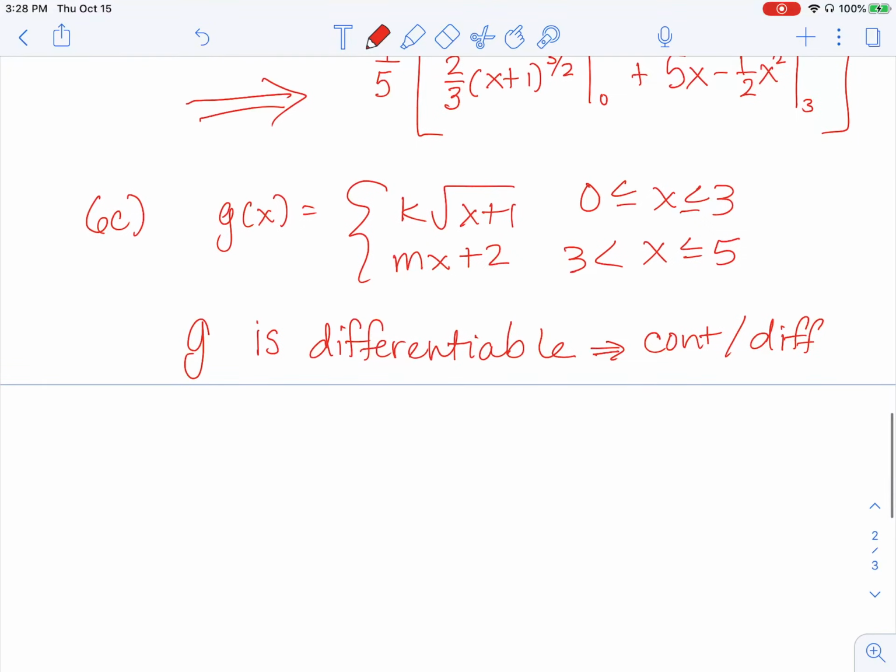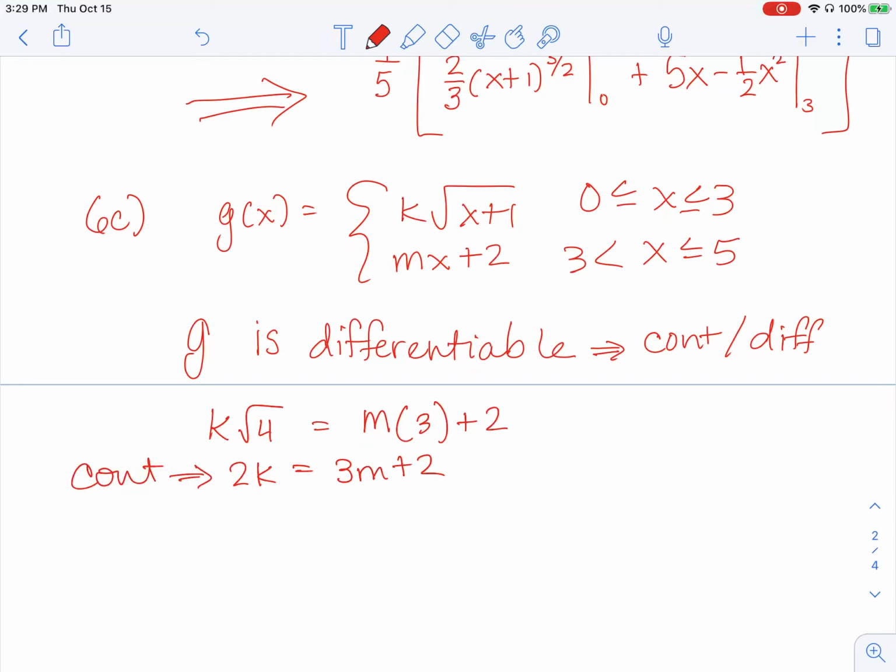If it's continuous, then when I plug in 3 for the top function, k root 4, because 3 plus 1 is 4, is equal to m times 3 plus 2. I get 2k is equal to 3m plus 2. So that's an equation, if it's continuous.